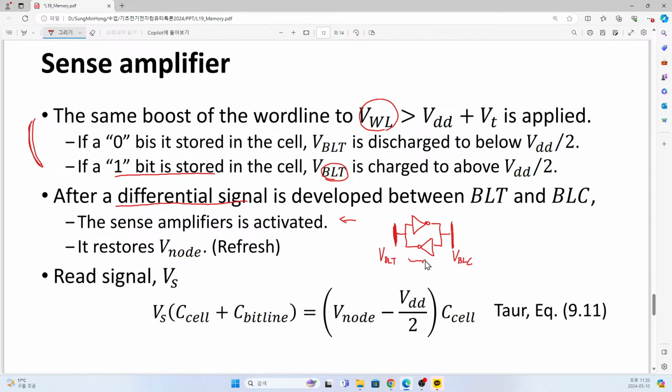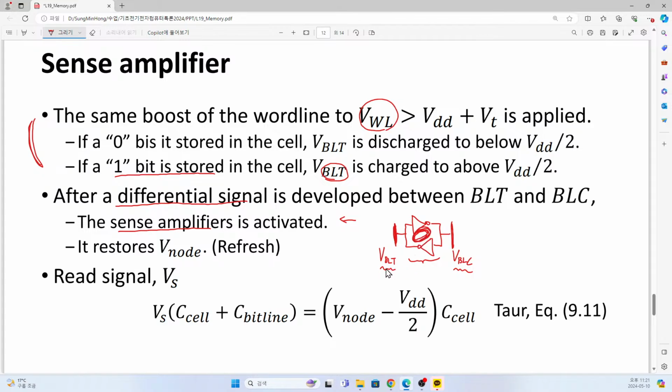Actually, these points are just disconnected. However, after some time, if we have a certain difference between BLT and BLC, then the sense amplifier is suddenly turned on. Then it detects the small difference. This small difference is exaggerated by this feedback loop.